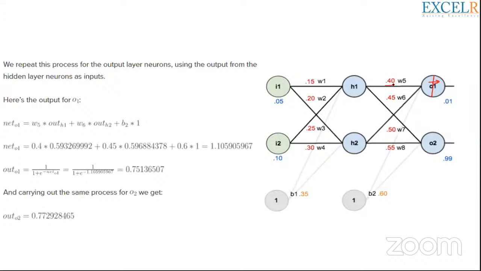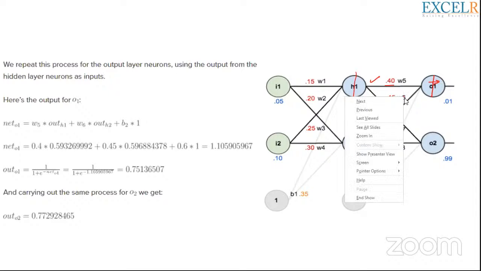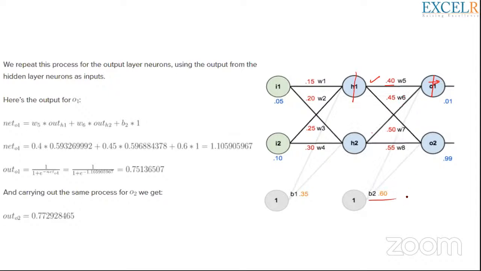So 0.40 into the output of H1, which is 0.593, then we are receiving another input from H2, which is 0.596 into W6, then the bias B2, 0.60. That value is 1.10. We send this 1.10 through the activation function, again the logistic function, and that gives 0.751.